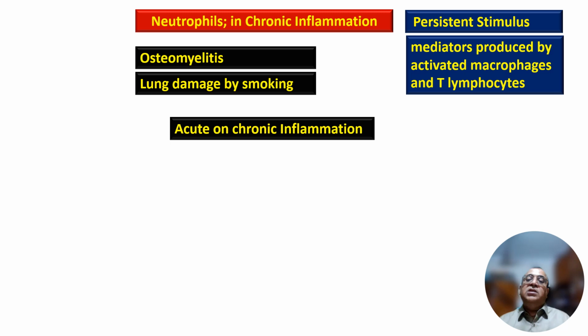In this condition, for months there can be presence of neutrophils that are associated with the damage, and neutrophilic exudate can be seen on biopsy. And then the lung damage by smoking is another example of the presence of neutrophils in chronic inflammation, and in such conditions these can be named as acute on chronic inflammation.